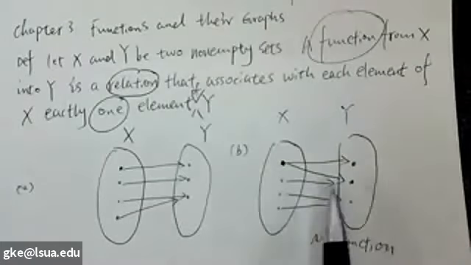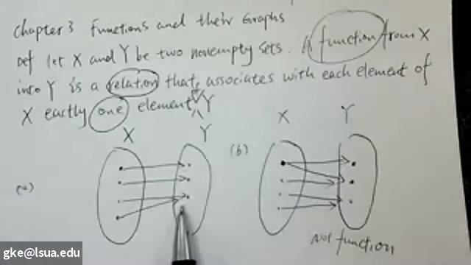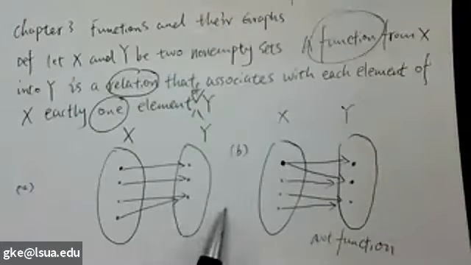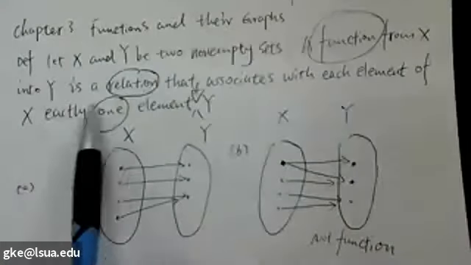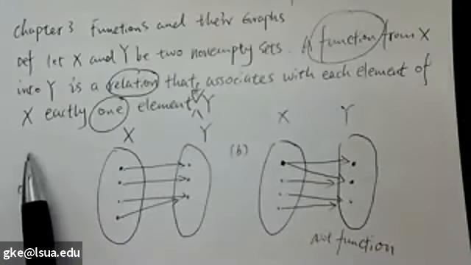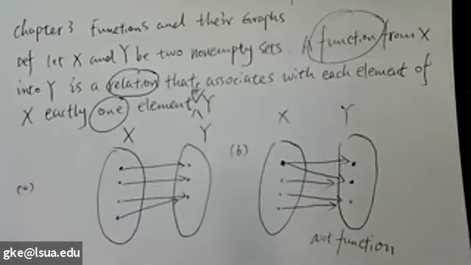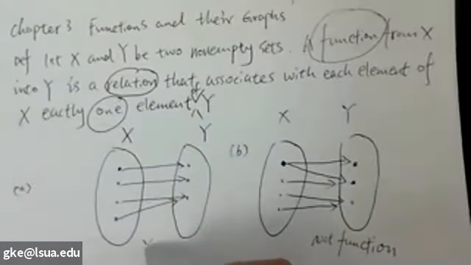In Y, for this case, although for one element in Y we have two elements in X, that's okay. Based on the definition, it only requires this for the X, not for the Y. Do you see it? So this is a function.